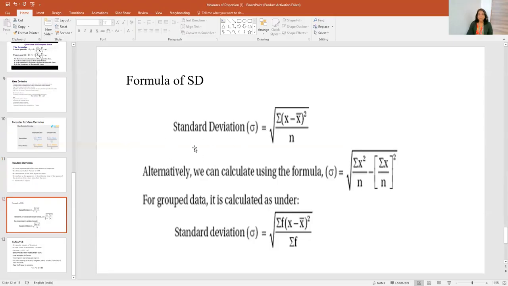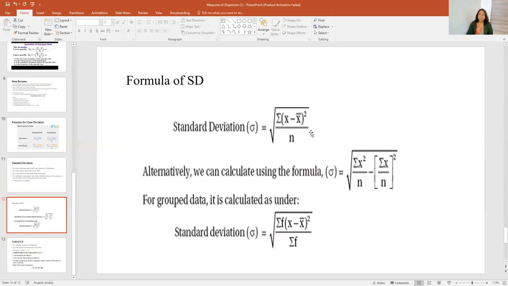There are different formulas you can use. The first, the simplest one, which is widely used, is root of summation of x minus average of x, whole square, divided by n. Or you can use this formula: root of summation of x squared by n minus summation of x by n, whole square.